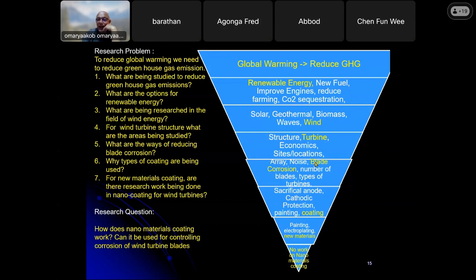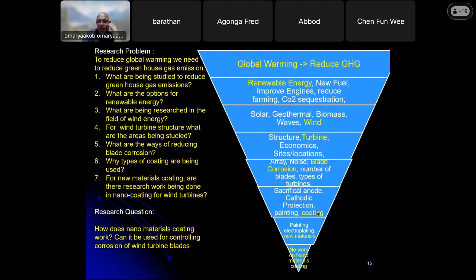But my area is blade corrosion. Under blade corrosion, what are people studying about ways of reducing it? People are using sacrificial anode, cathodic protection, painting, coating, etc. I'm not going to look at sacrificial anode, cathodic protection or painting. I'm going to look at coating.